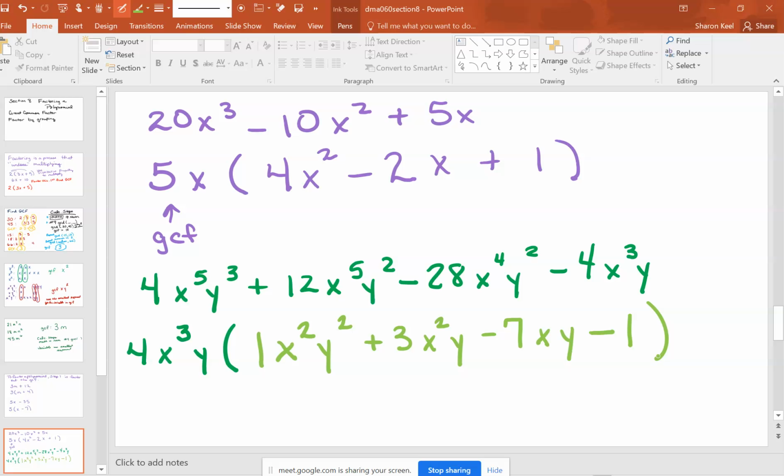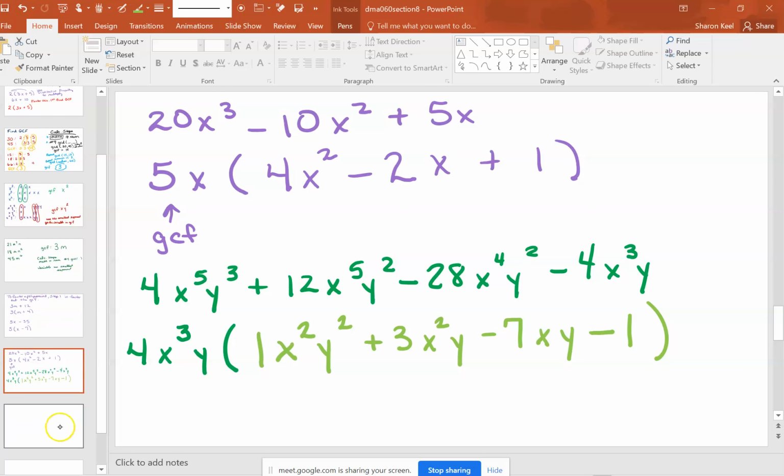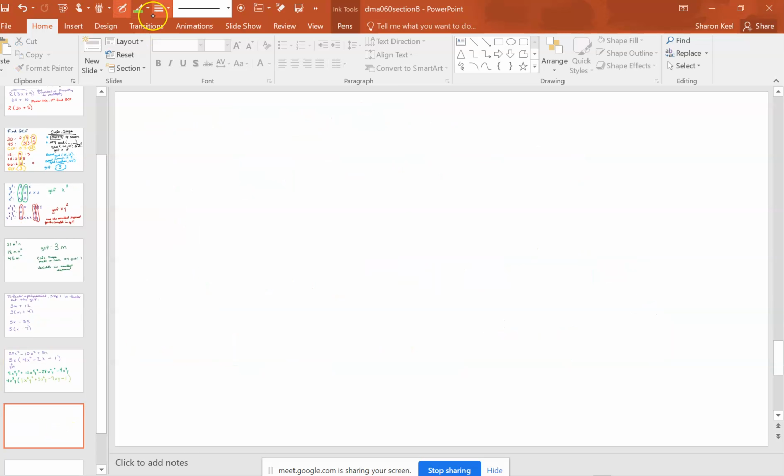So when you're doing parts of the skill practice, they're wanting you to factor out the greatest common factor, and then you're done, okay? One other thing, let me just point this out. If you have something that starts with a negative, let's say we have negative 7, we never want to start a polynomial with a negative, so we would factor out a negative 1.